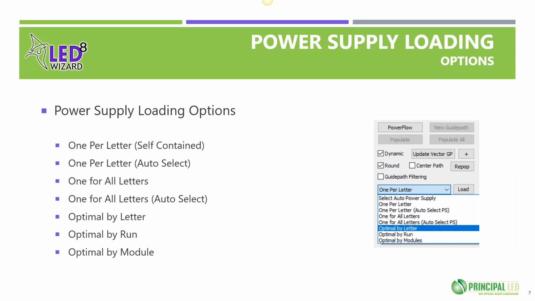Okay, so maybe if you have a letter T, the top of the T could be on the first driver, and the vertical part of the T could be on a second driver, for example. So that's optimal by run. And you can break runs to better utilize optimal by run. Okay, so you can say, hey, I want to break the run here because that's going to give me better power supply loading.